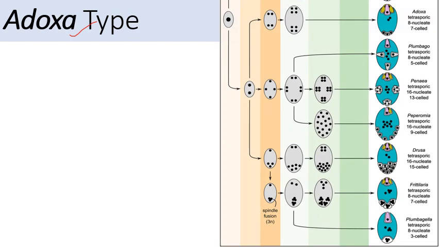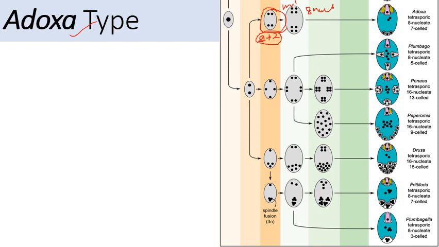Then comes the last type of embryo sac development, that is Adoxa type. In Adoxa type of embryo sac development, here again it will undergo only one mitotic division. So here the arrangement of the megaspore nuclei is 2 plus 2. That is the third group, 2 plus 2 arrangement. They will undergo a single mitotic division, which results in formation of 8 nuclei.